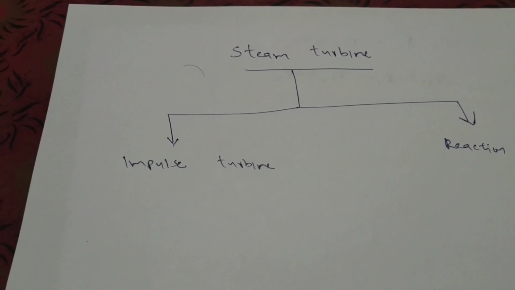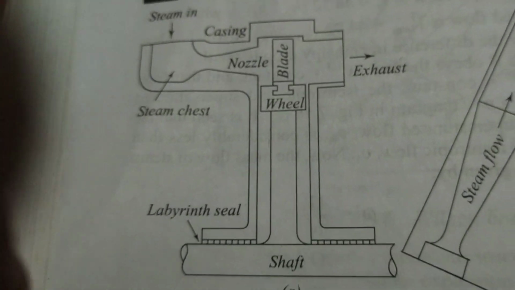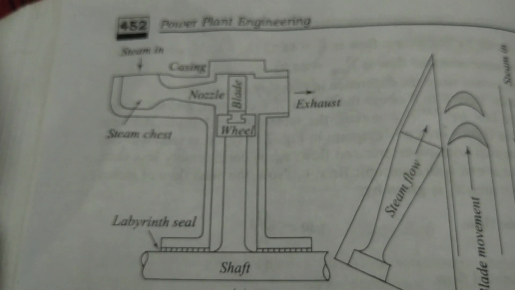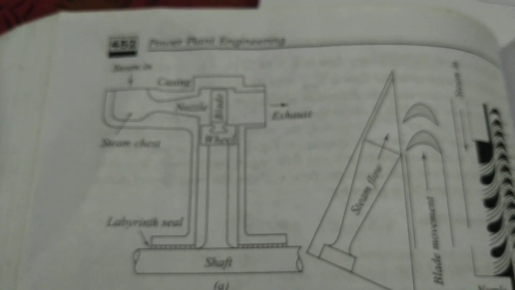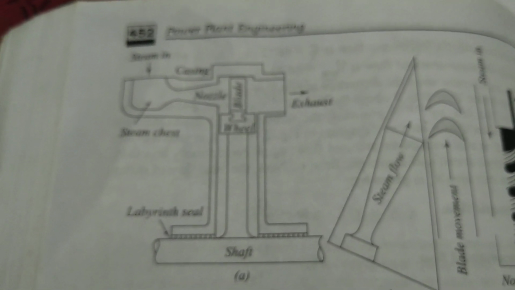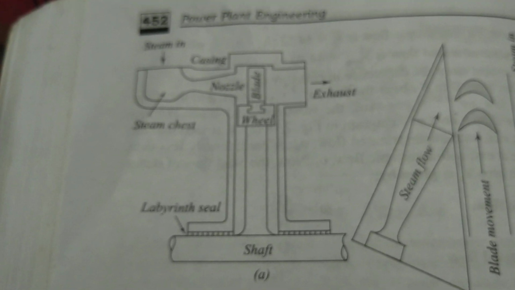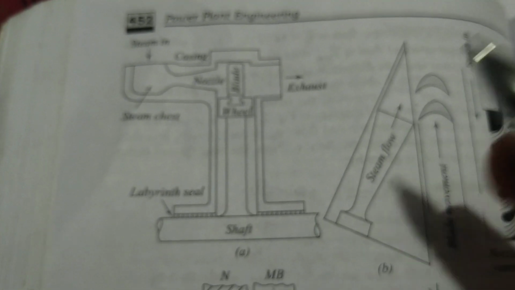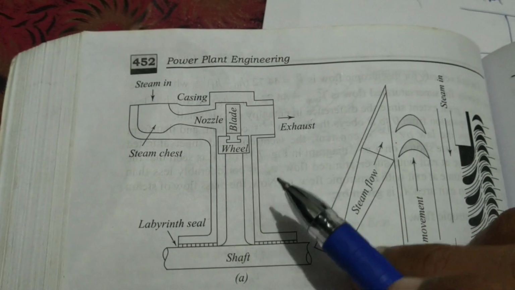Okay, so now let's see the diagram of an impulse turbine. It is something like this. So I guess it is clear now.